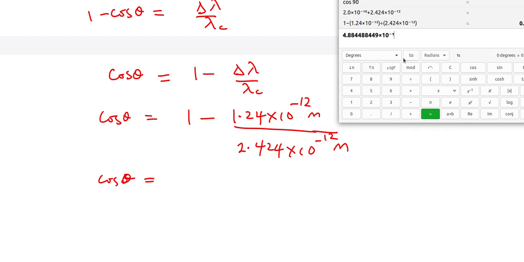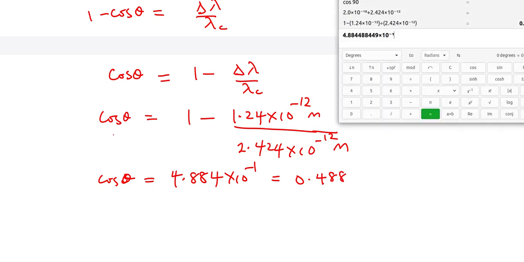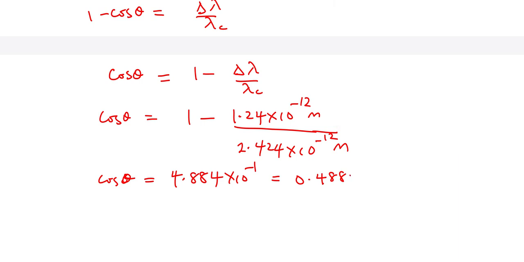So we have 4.884 times 10 power minus 1, which can be written as 0.4884. Then we now make theta the subject of formula.